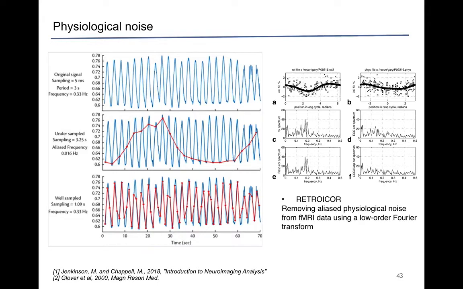If you're not familiar with the term aliased, it means that if you have some fluctuations, let's say the very first row, there are some fluctuations. Let's say this is breathing. If you don't sample fast enough, if you look at the second row, the red dots are where we sample the data. Then what we are going to see is that red curve, which has only one cycle.